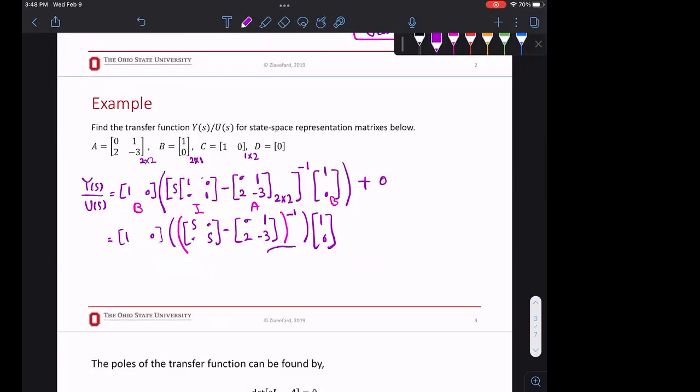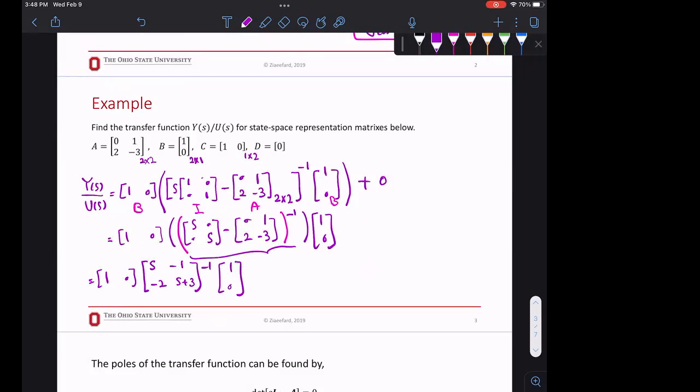So I'm going to do this part. It's S, negative 1, negative 2, S plus 3, inverse, times 1, 0.